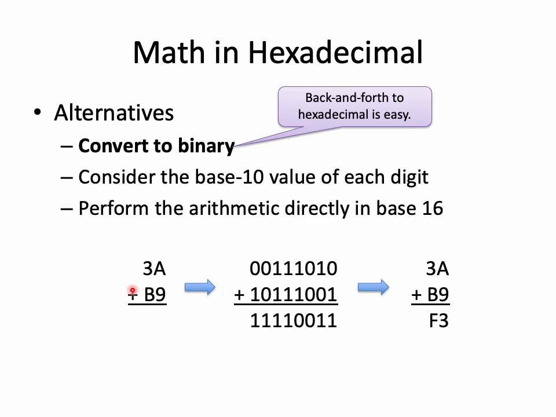I can do the same thing with B9, and then we already know how to add in binary, because I know that 0 plus 1 and 1 plus 0 is 1, and 0 and 0 is 0. And then I might need to carry like I do here. But eventually I will get this number, and now I can break it up again into groups of 4, and that's going to give me F3.